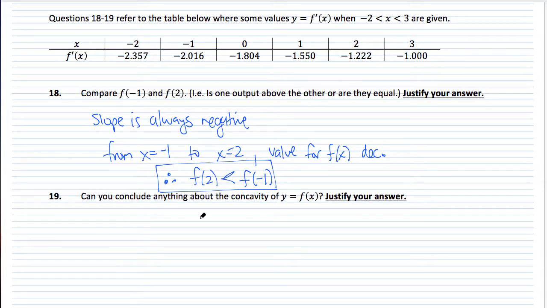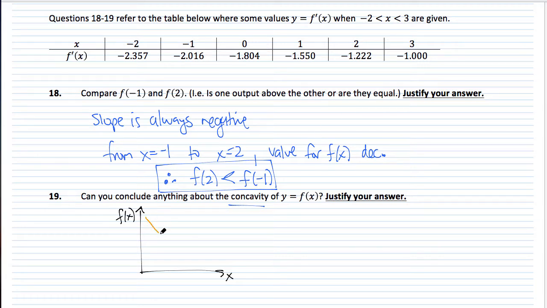Now, these values are changing. So for number 19, we want to know if there's anything we can conclude about the concavity of our function. So let's take a quick second and sketch what this might look like. If I have a graph of x and f of x, and I want to sketch this function, all that's going to happen is I have a slope that is negative, and that negative value is getting closer and closer to 0.